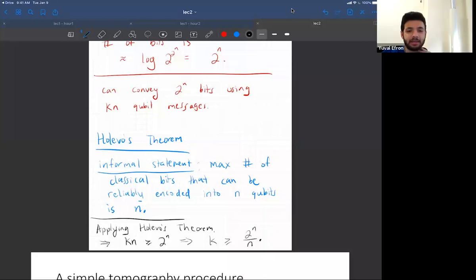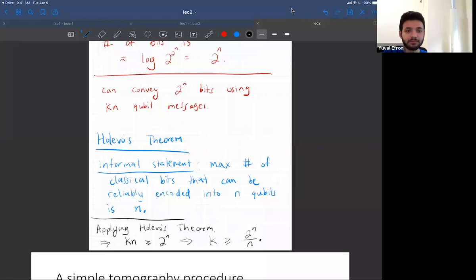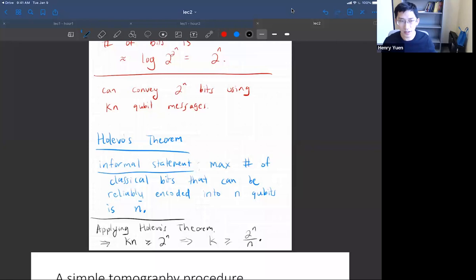Is this known to be tight? I guess you can do it with 2 to the n in some easy way, but is 2 to the n over n known to be tight? This is a great question. It's unknown. So yeah, there's a gap. And I'll get into this next time.